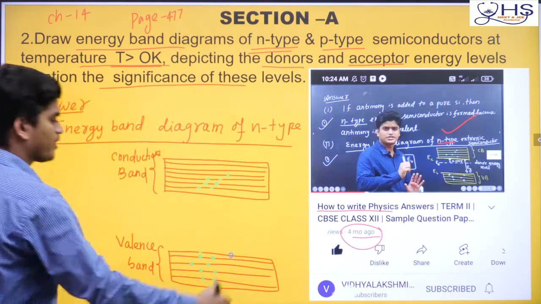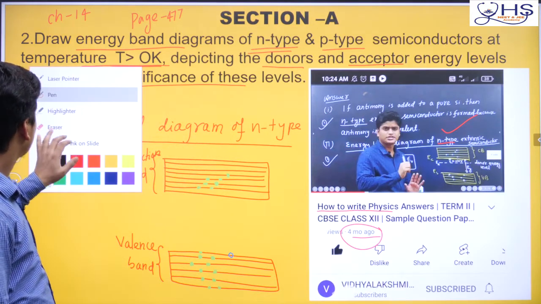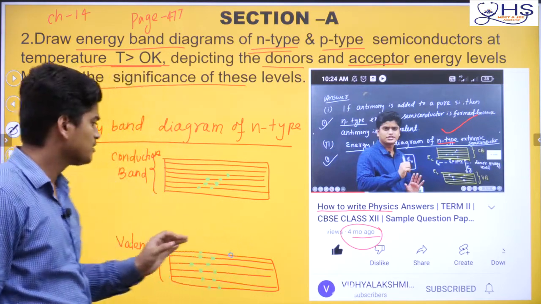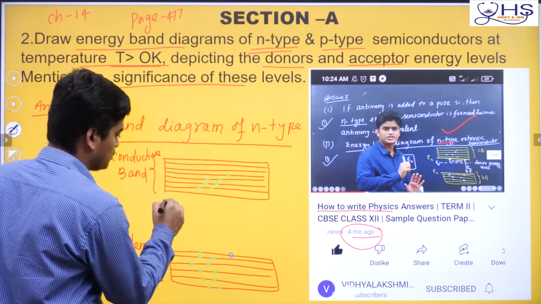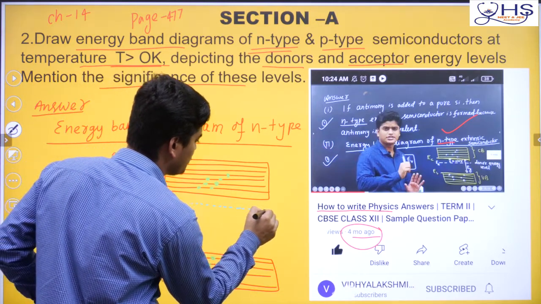Now, in N-type, which type of impurity do you add? Normally in N-type you add a donor impurity, and you need one label for that donor impurity.